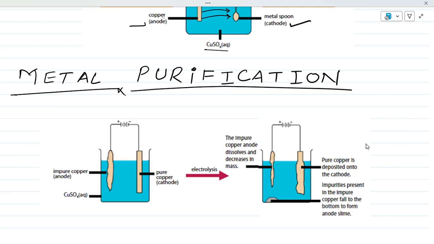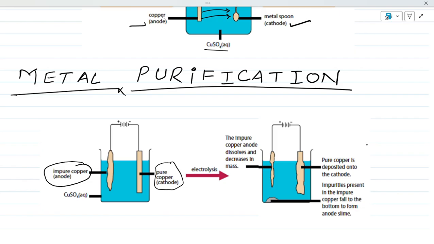In the same way, there is another application called metal purification. Impure metals can be converted into pure metals with the process of electrolysis. Normally the impure metal is taken as the anode and a pure strip of that same metal is taken as the cathode.